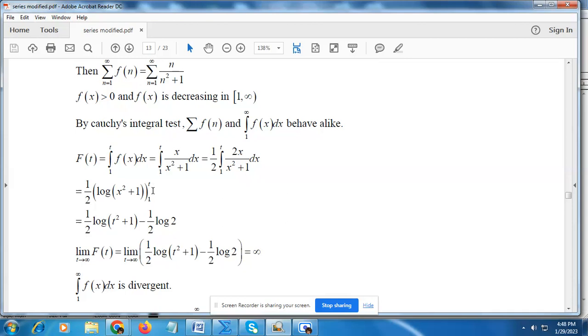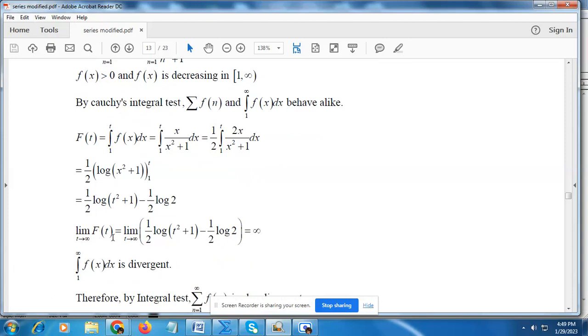Then release the upper limit and lower limit. Then calculate at infinity, the limit of f of t as t tends to infinity. Simply replace t with infinity. So what happened? Log infinity is infinity. Infinity minus a non-zero number is also infinity.